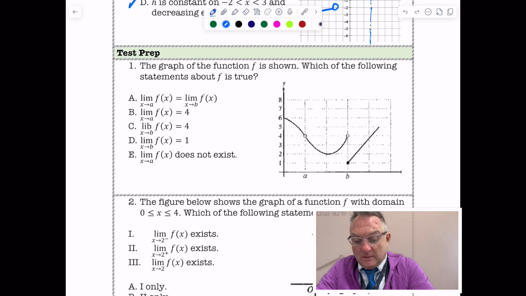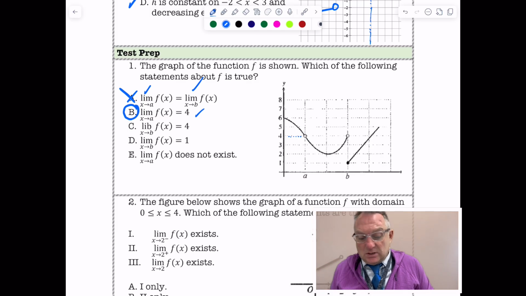Sometimes you just go down the list and approach it. The next one, the limit as you approach a of f of x is 4. That actually is true. I don't think I need to eliminate any of the other ones. I don't need to waste my time.